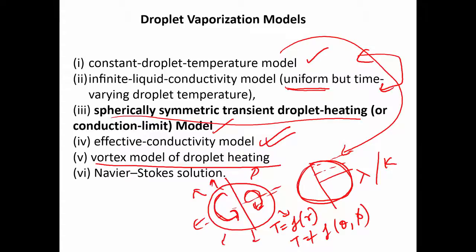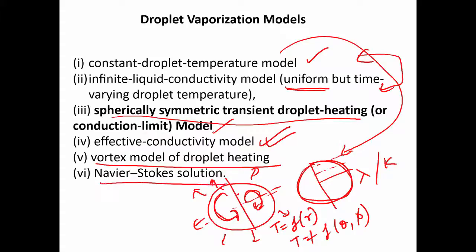As a result, you would have to solve the momentum and energy equations within the droplet. But what the vortex model effectively does is that you can assume a flow field within the droplet, and we will see what that assumed flow field is, and you can get around solving the full momentum equation. You can just solve the energy equation, but it is a full-fledged convective solution.